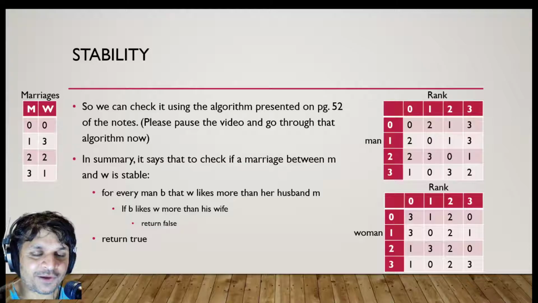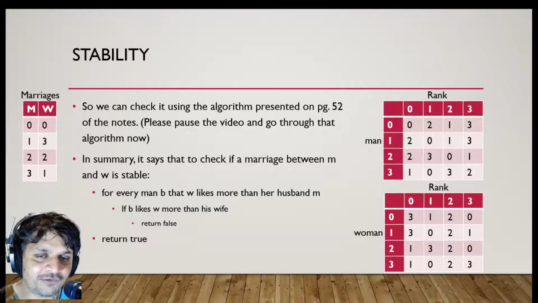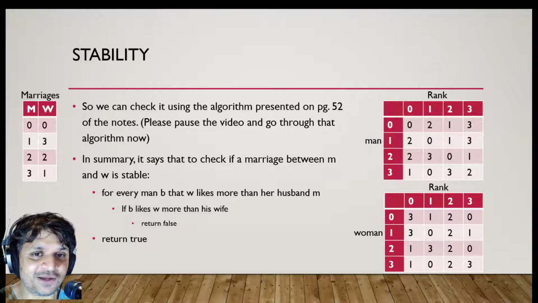Okay, so what the algorithm says in summary is that if I want to see if a marriage between a particular man and a particular woman is stable, what I do is I check for every man that the woman likes more than her husband, does that man like her more than his wife? And if that's the case, then the marriage is unstable.